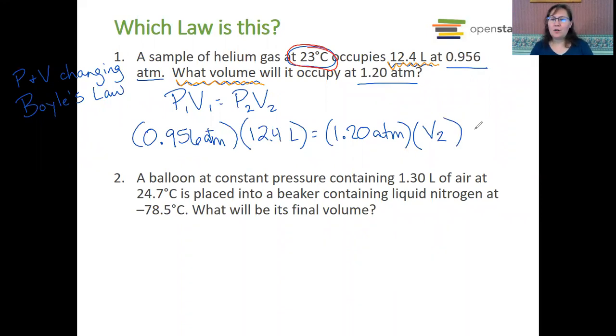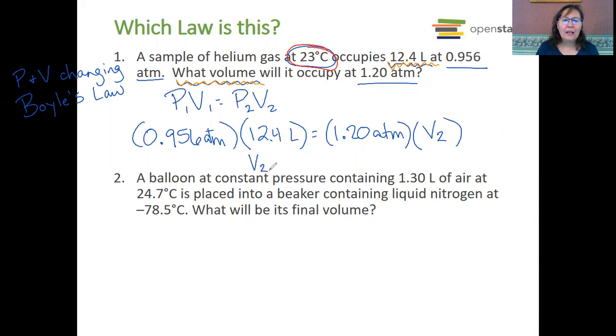And so I would solve this. Go ahead and pull out your calculator. You're going to need it for everything, so you might as well do these problems with me. In order to solve for V2, I say 0.956 times 12.4 divided by 1.2.